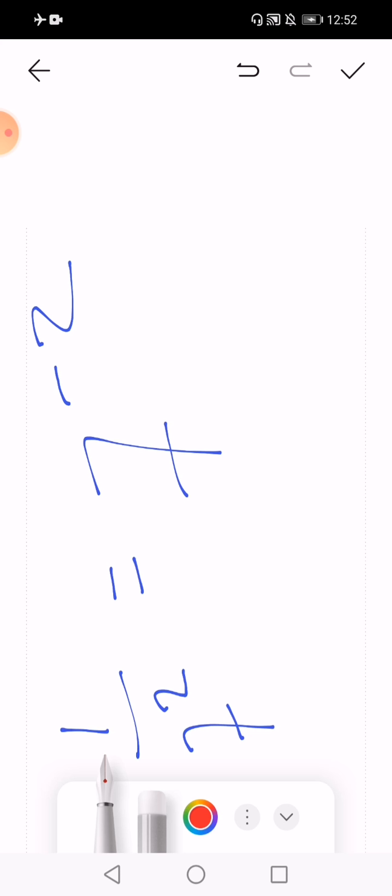When we have 1 as a numerator, we write the denominator with a positive power. But if we remove the 1, the numerator, then the power is going to be negative, just like this one.